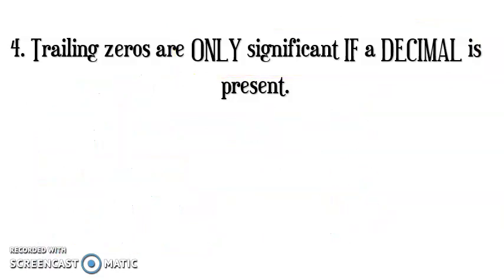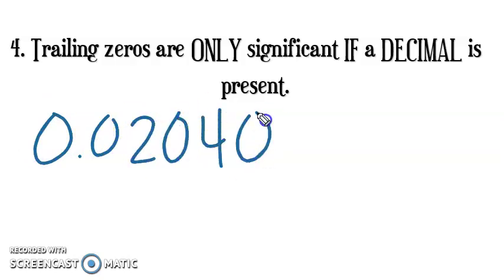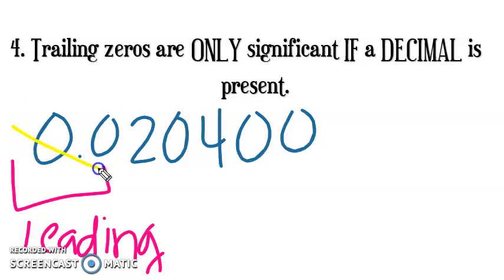Okay, so let's look at some problems. So let's say we had 0.020400. All right, so let's classify these guys. These guys up here are leading, and the leading zeros are never significant.